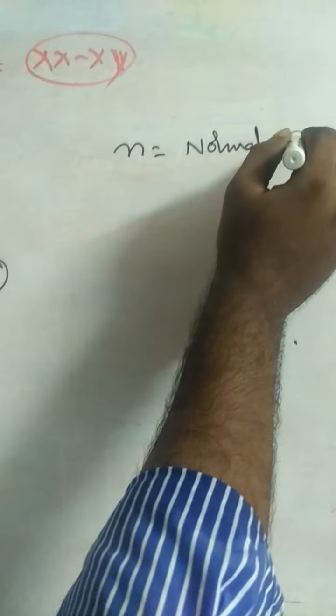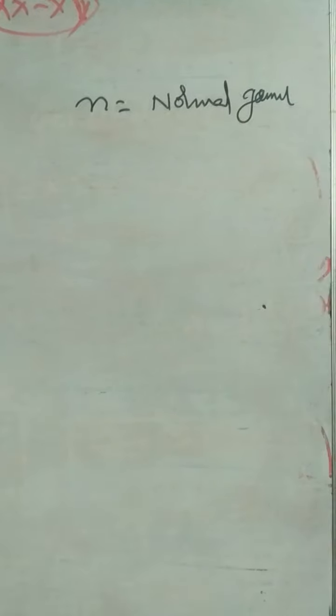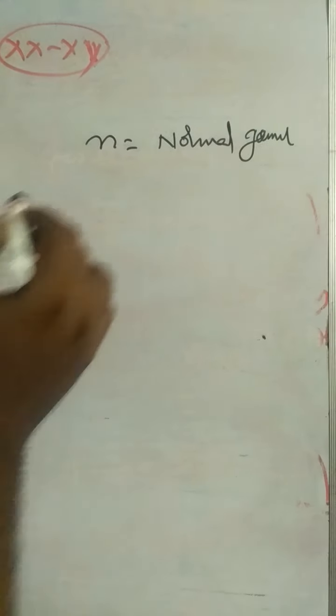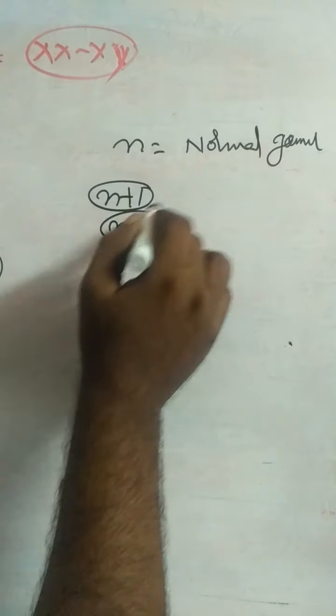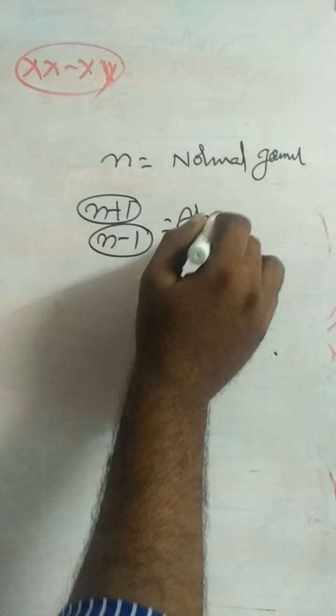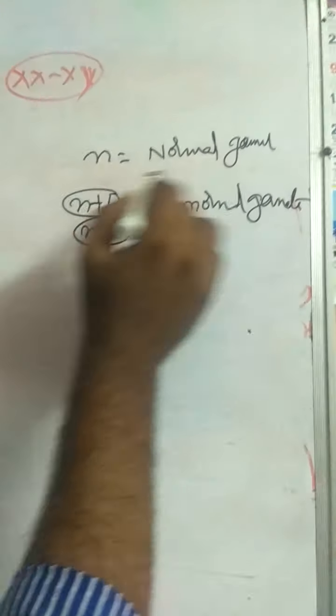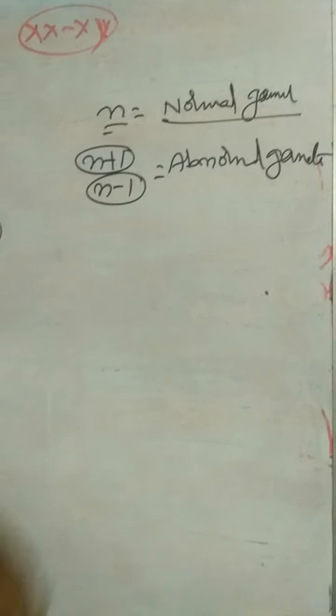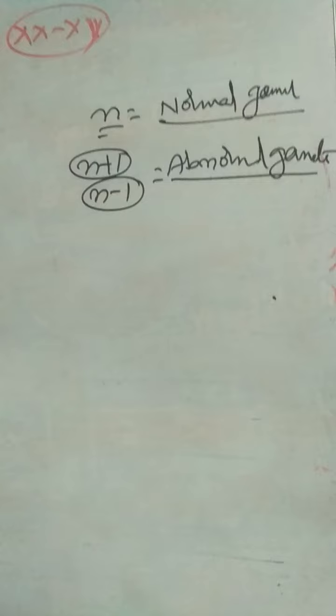Here, N is equal to a normal gamete. N plus 1 or N minus 1 are the abnormal gametes. So the formula for a normal gamete is N, and N plus 1 or N minus 1 are the abnormal gametes.